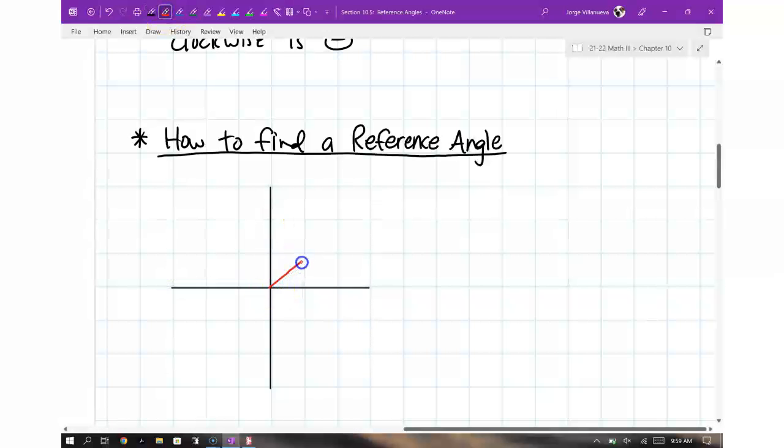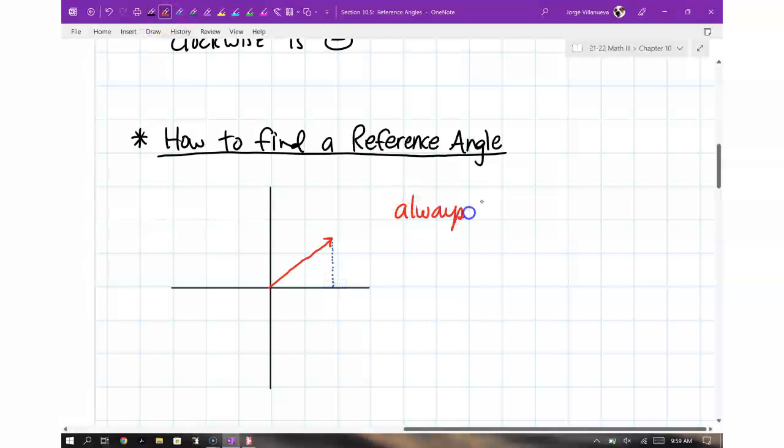If this is the angle they give you, then you always reference the x-axis right there. I'm going to put that in real quick right here.